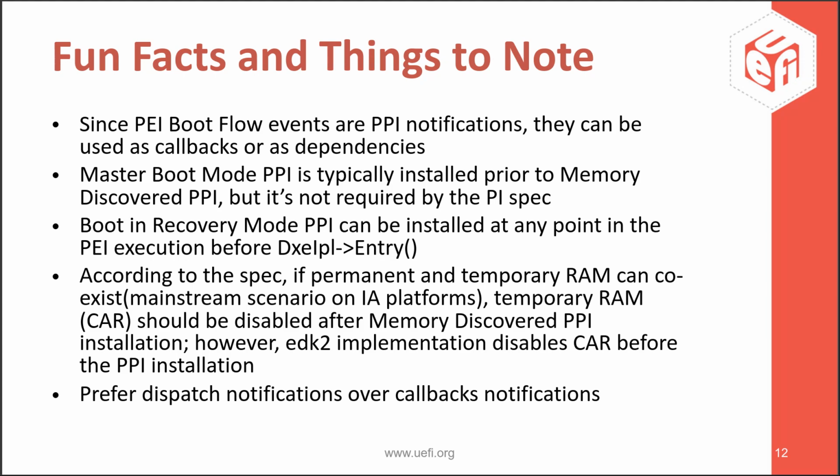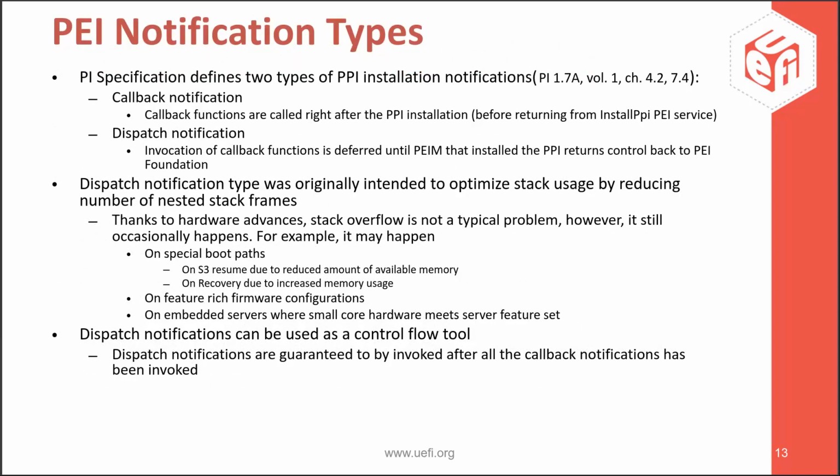Also, the PI specification actually defines two different notification types: callback notifications and dispatch notifications. Dispatch notifications, if you look at the code, are barely used. But I think, in general, they should be used more. There are at least two reasons to do so.